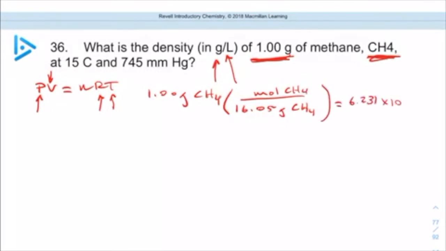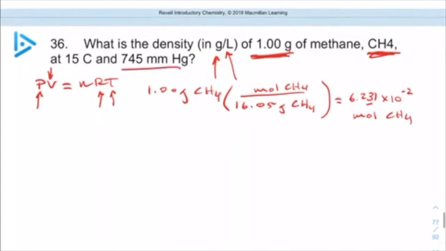And we find that we have 6.231 times 10 to the minus 2 moles of CH4. We're tracking that at the third sig fig. Now I just need to make sure that everything is in the right units. Right now I have millimeters of mercury, so let's convert that to atmospheres.